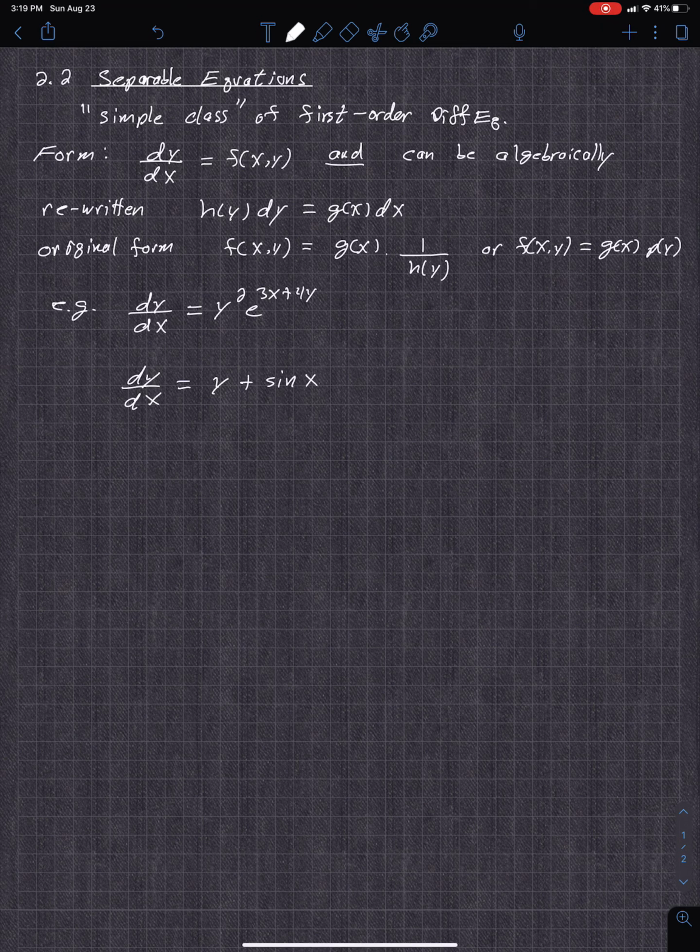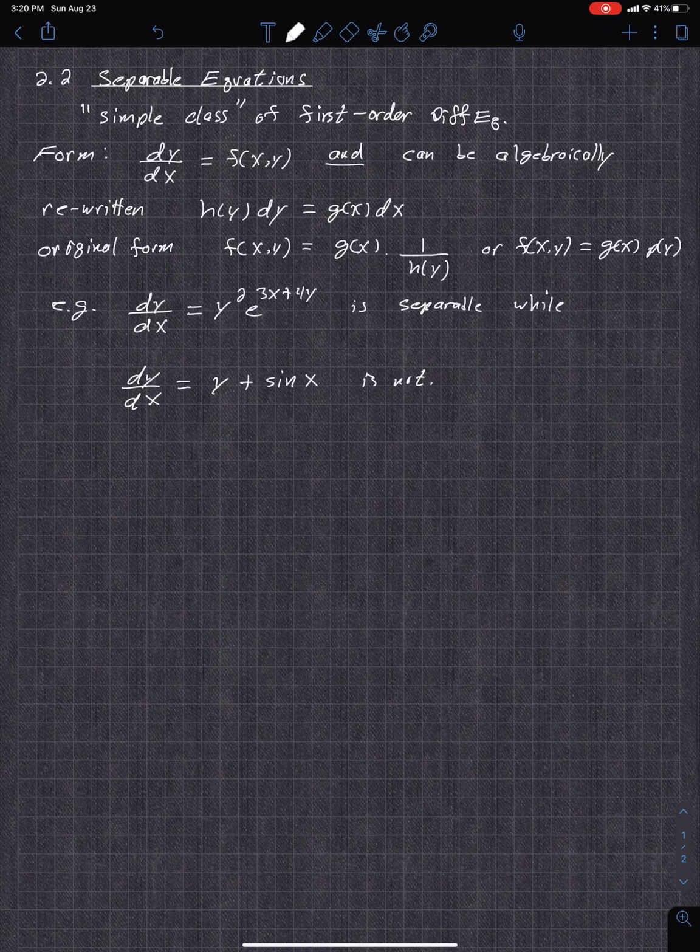Which one is separable and which one is not separable? This one, as it sits, looks like you can't separate it. Well, you need to do some algebra to simplify that one. So this one actually can be separated, and this one, because of the addition, you cannot. So the first one is separable, and the other one is not.